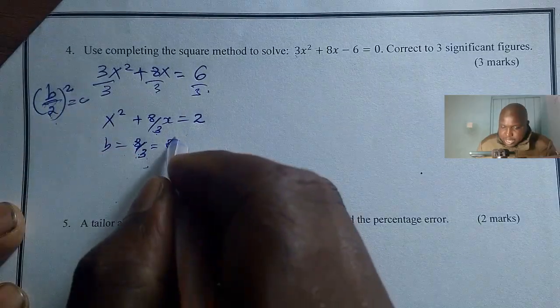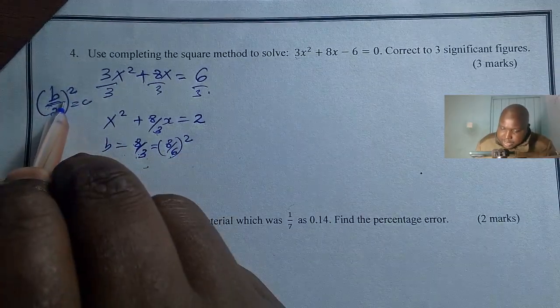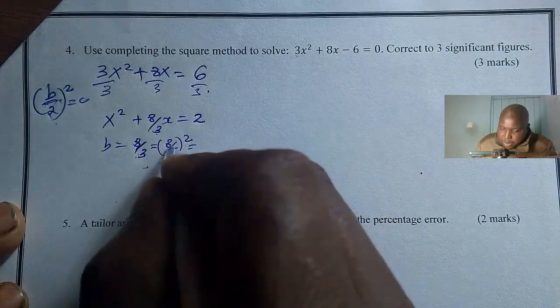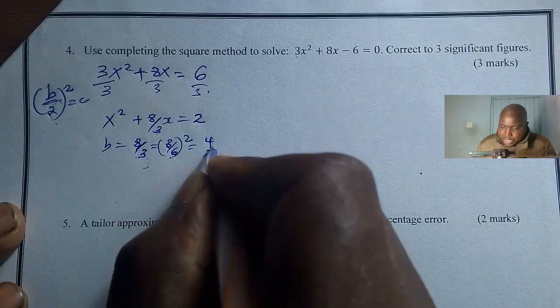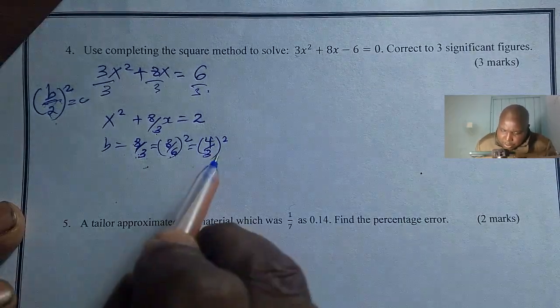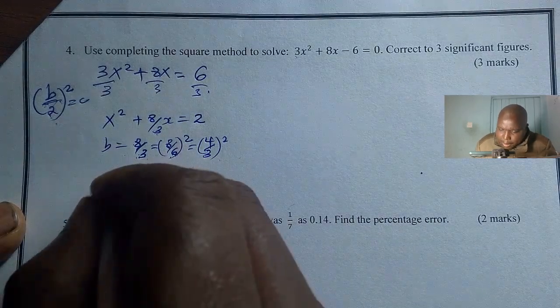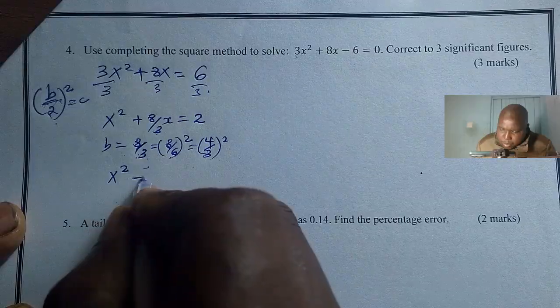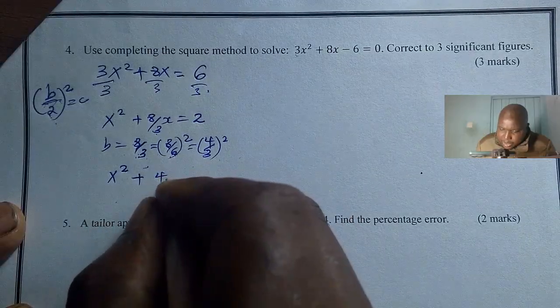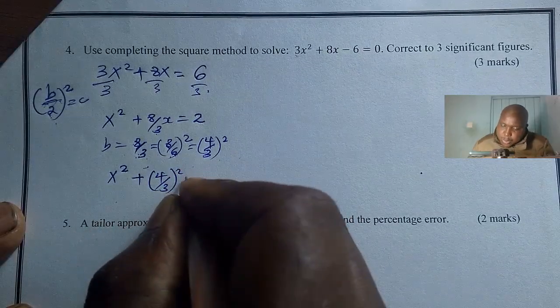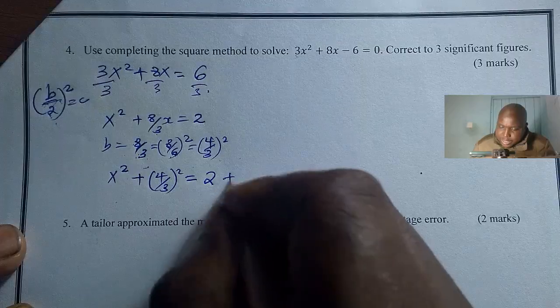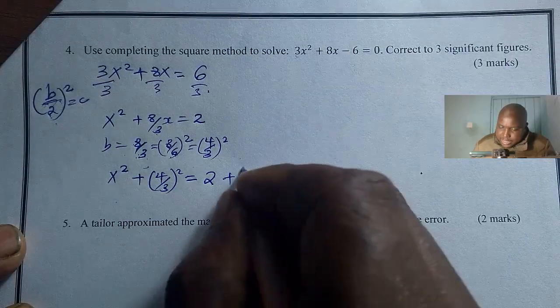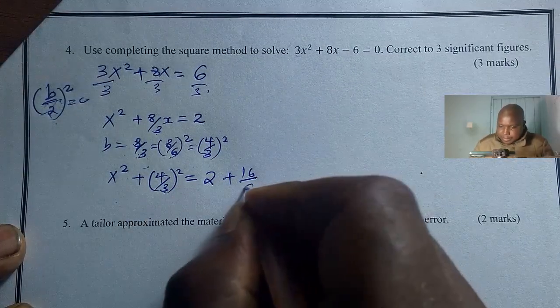Then we need to square using this. So 2 goes here, 4, 2 goes here, 3. Square. Now let's put this expression this way. So x square plus 4 over 3 squared is equal to 2. Now you add this to this side. The square of 4 is 16. The square of 3 is 9.